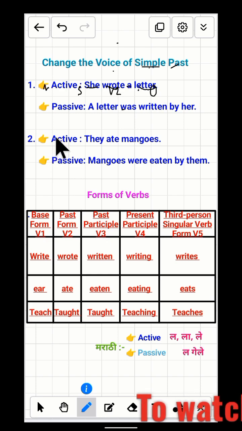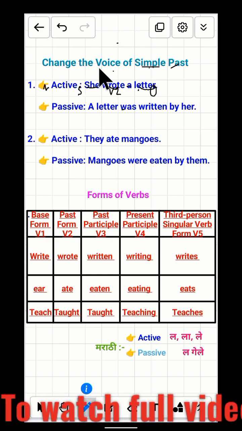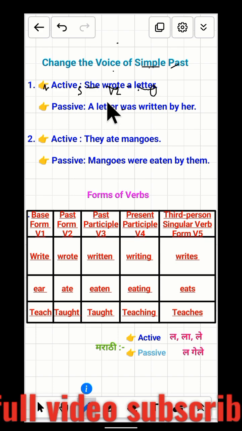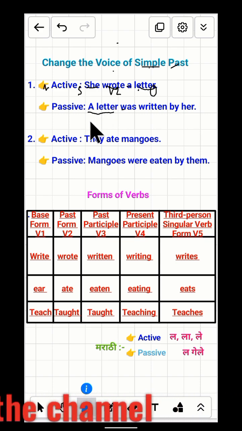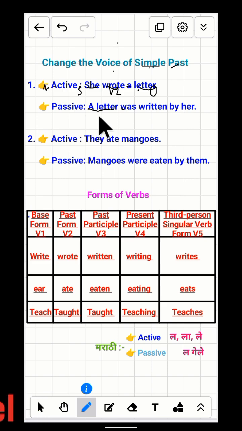Now whenever we are changing this from active to passive, first we are supposed to write the object. So our object is letter. As it is simple past tense, here we are supposed to use was. Why was?